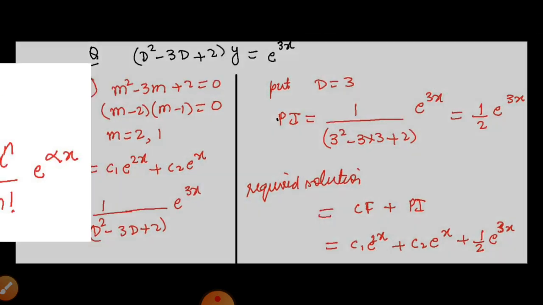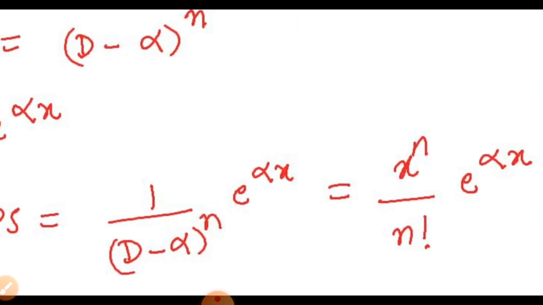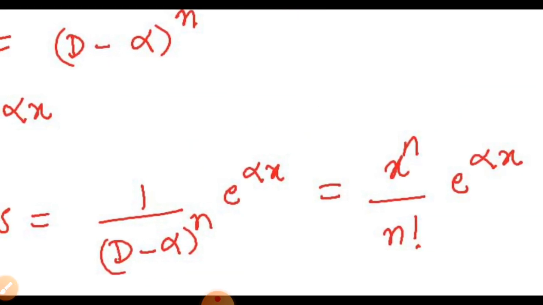So we will use our general formula: (D minus alpha) to the power n on e to the power alpha x, and if we put D equals alpha we will have a 0. So the solution will be, in such a case, x to the power n upon n factorial e to the power alpha x. Basically such a solution comes from the L'Hospital rule in limits.